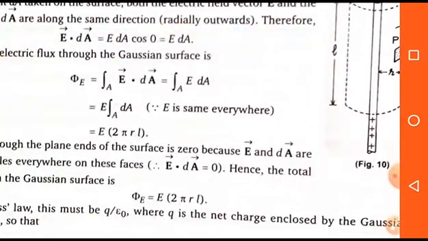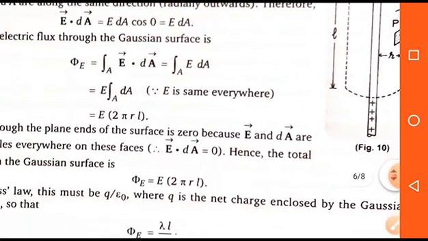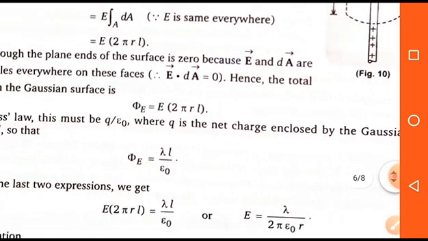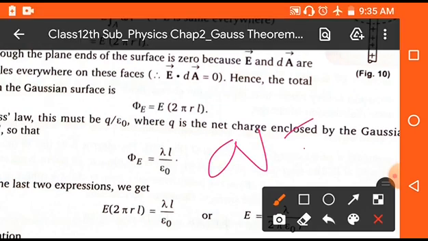So finally we get phi E is equal to E 2 pi r L. So phi is equal to 2 pi r L into E, and we know that when the distribution of charge takes place on the length, then we can put Q is equal to lambda L, where lambda is the linear charge density.